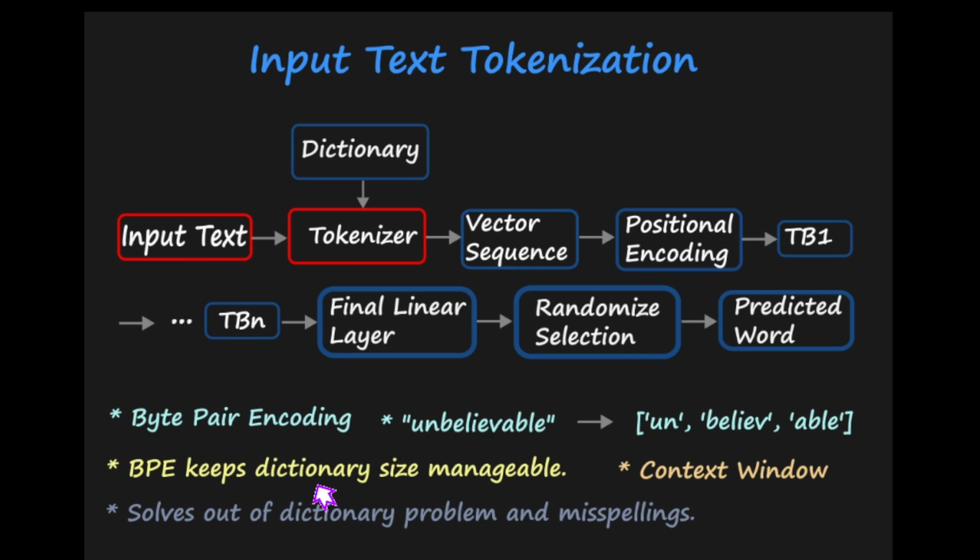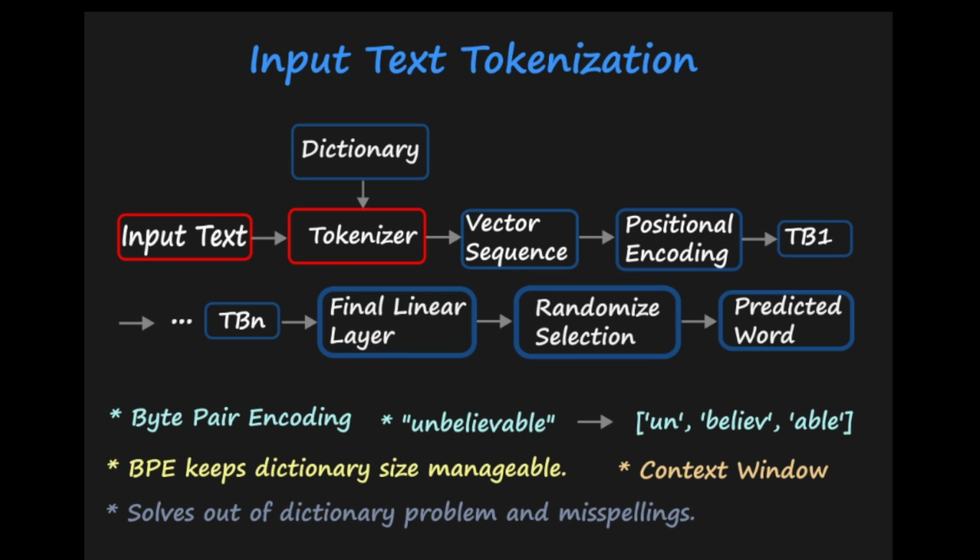Okay, and there are three advantages to using byte pair encoding to tokenize. It keeps the dictionary size manageable because you can use combinations of tokens to create words. So pre-existing components can be made to create words.